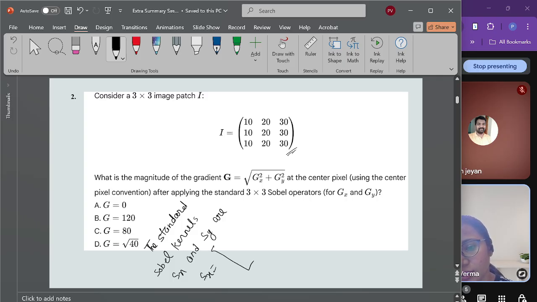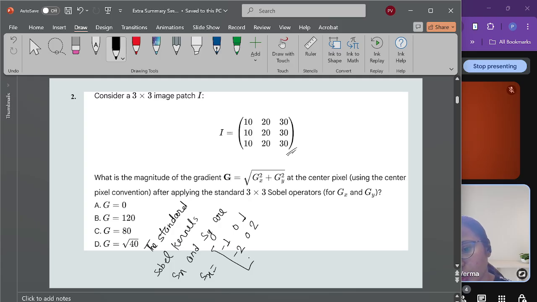So this is the kernel for horizontal direction: -1, 0, 1, -2, 0, 2, and -1, 0, 1 again. And for vertical, this one is -1, -2, -1, 0, 0, 0, and 1, 2, 1.